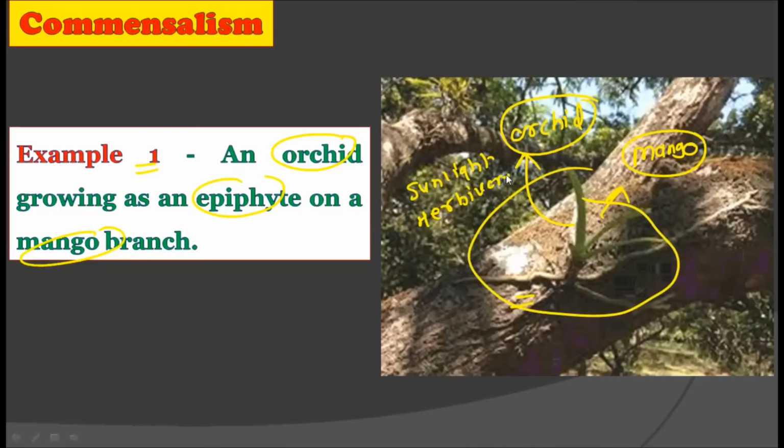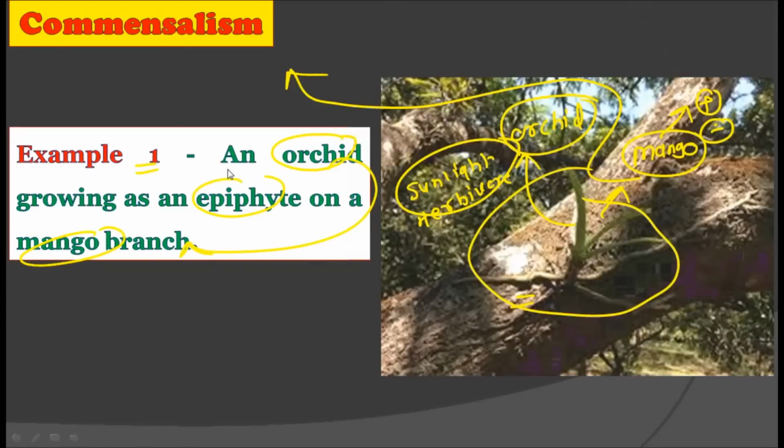That means it survived due to this mango tree. But on the other hand, the mango tree is neither benefited nor harmed. That is why such an interaction falls under commensalism.